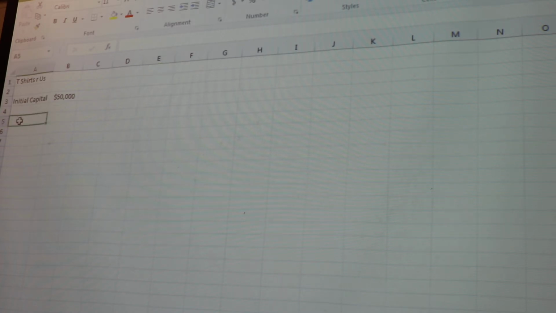Okay, so to start a t-shirt company, we have money. What else do we need besides money? Property? Okay, so let's say a location. We're going to rent a building. Now in real estate, you rent by the square foot for the year.